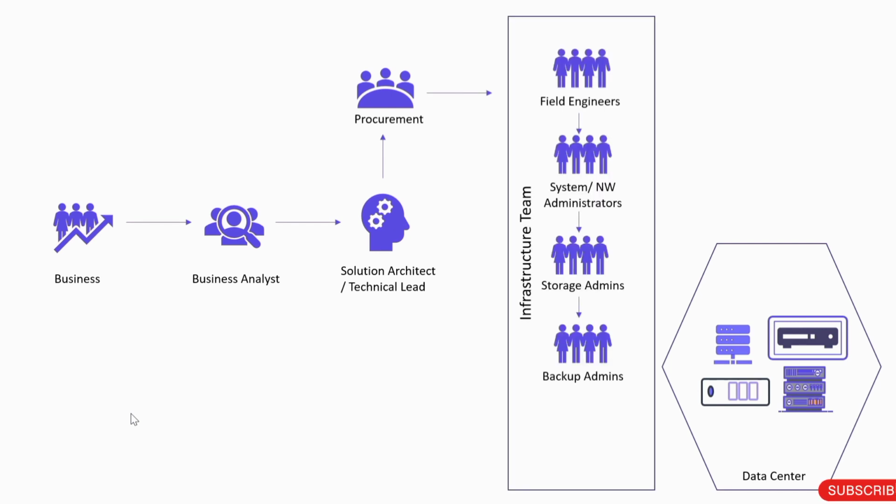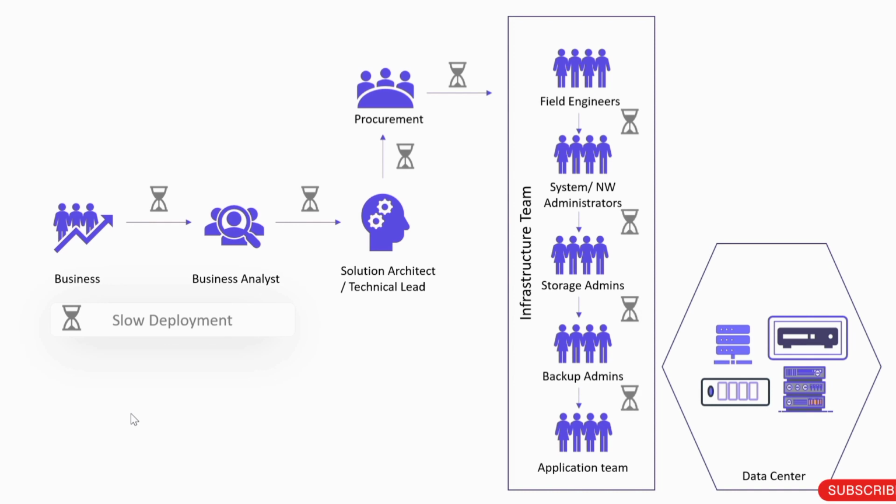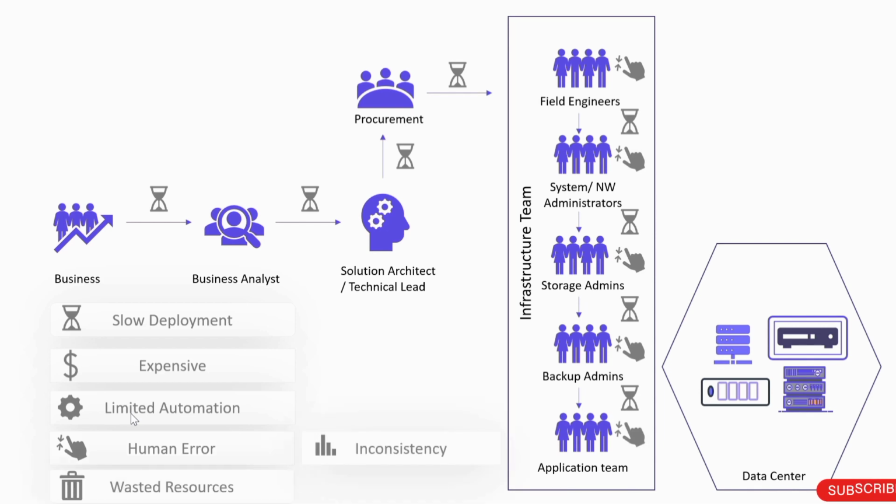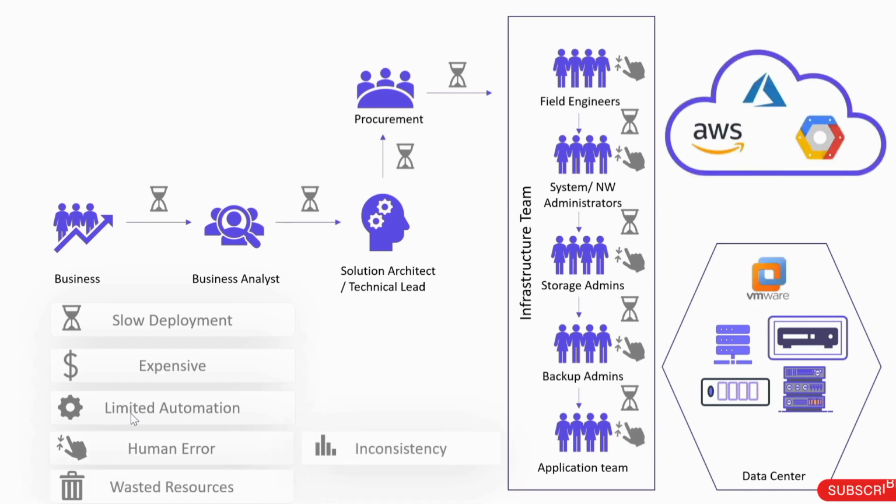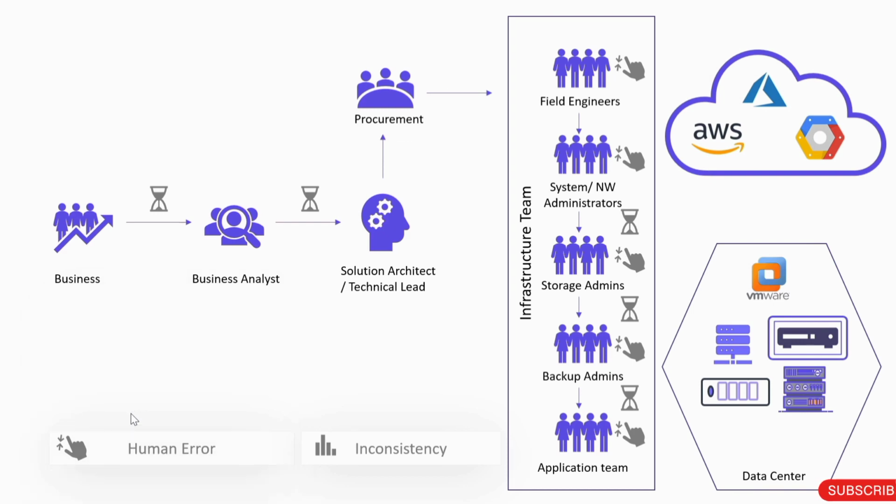The systems still have to go through different teams with a lot of process overhead that increases the delivery time, and the chances of human error are still high, resulting in inconsistent environments. So finally, we will conclude.